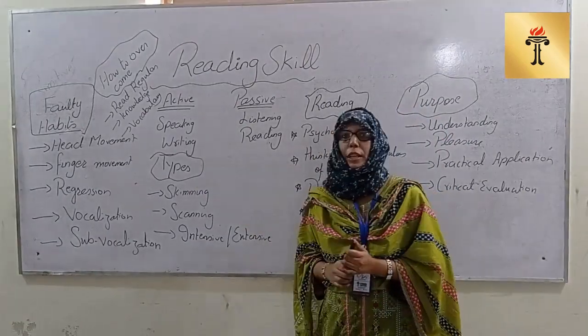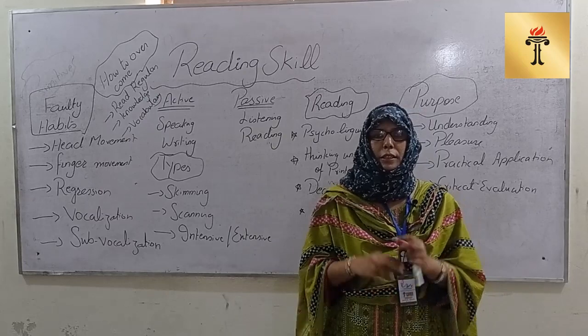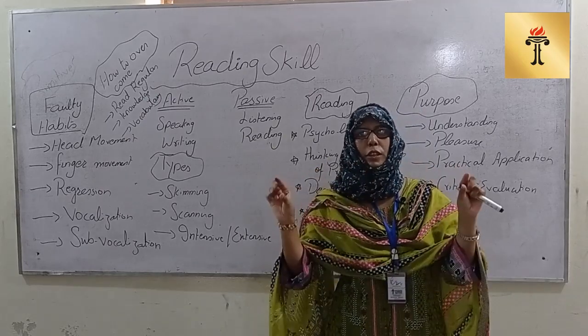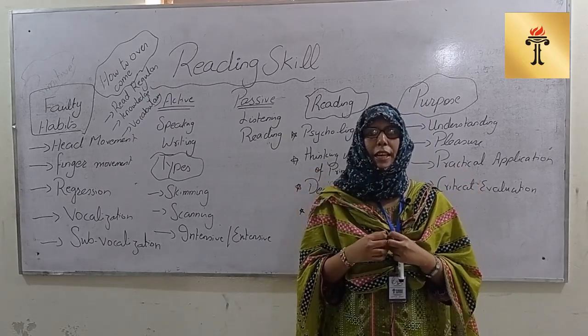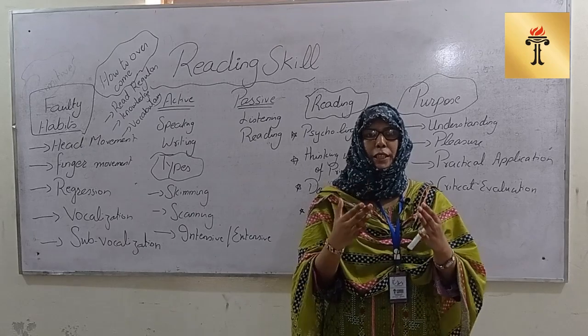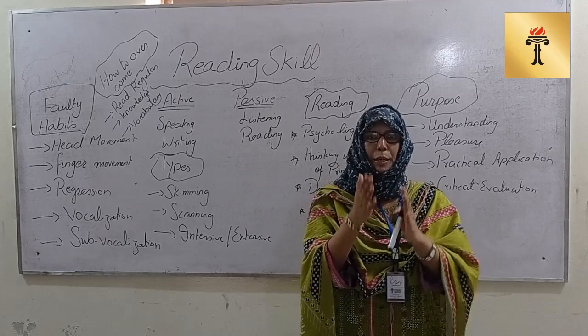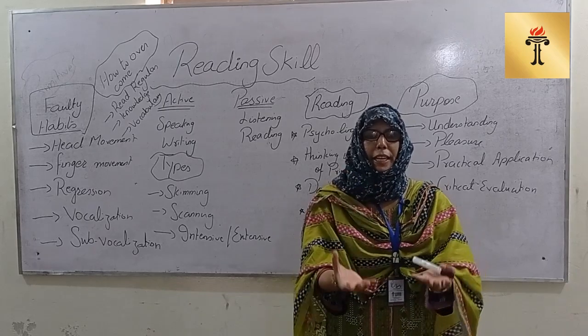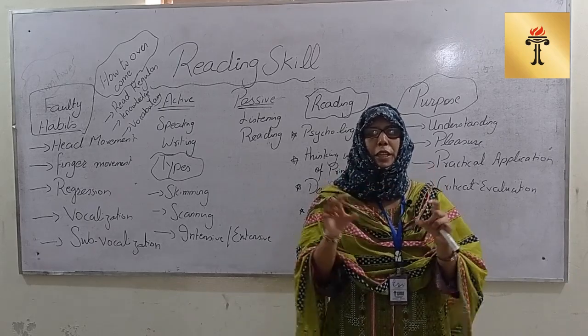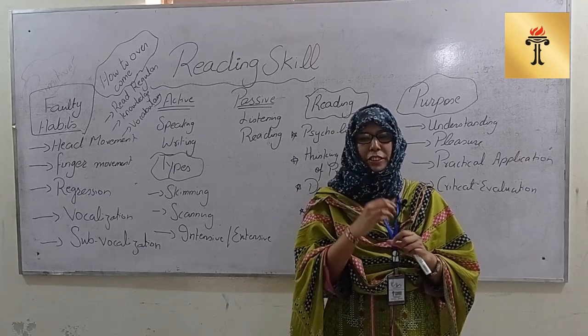Skimming is running your eyes quickly over the text to get the main ideas. Like if I give you 2 pages with 200 words and ask you to skim read that, while taking out the main idea, you may read those 2 pages in 50 seconds.